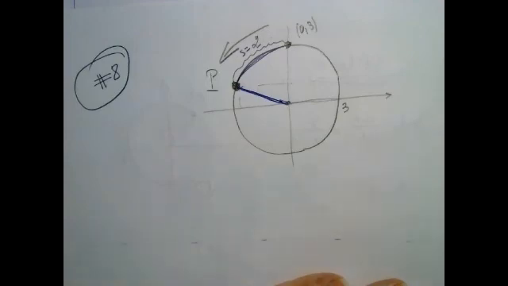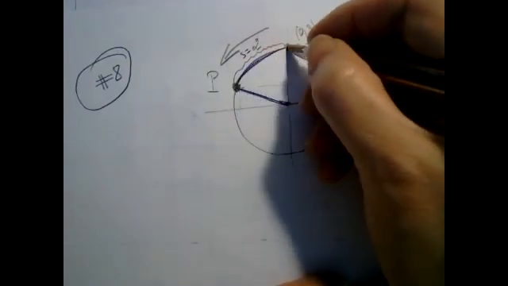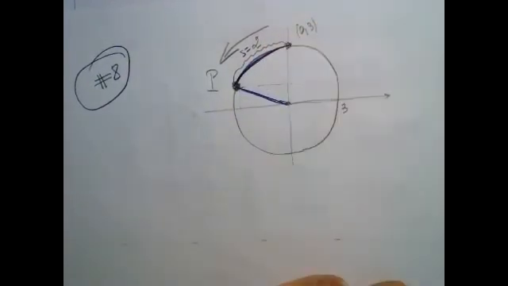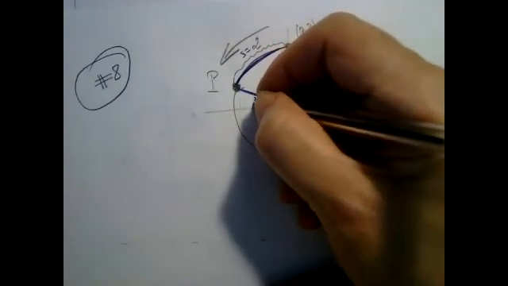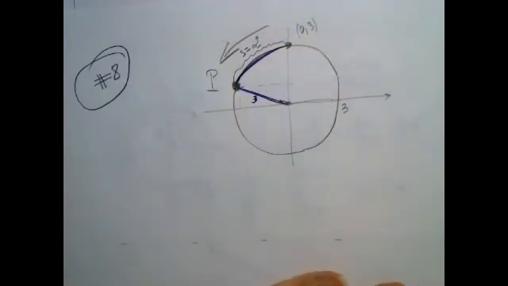Ideas? So S is 2. From here to here, it's 2. The arc length. And the radius is 3. What does this give you?